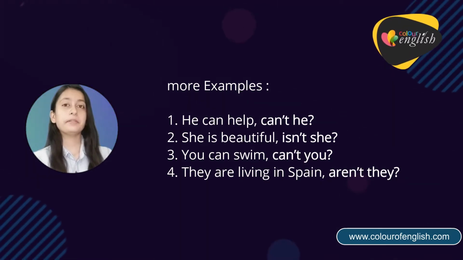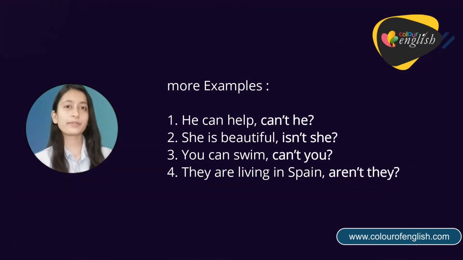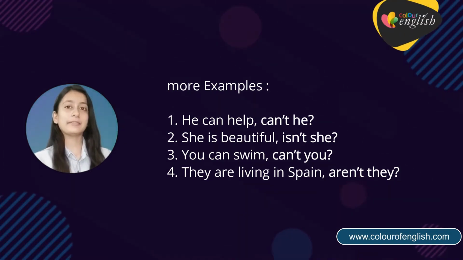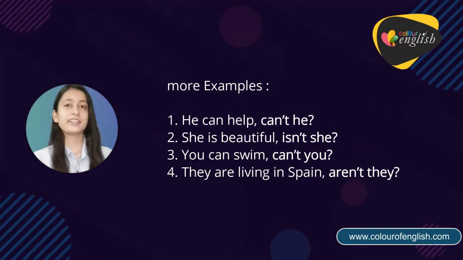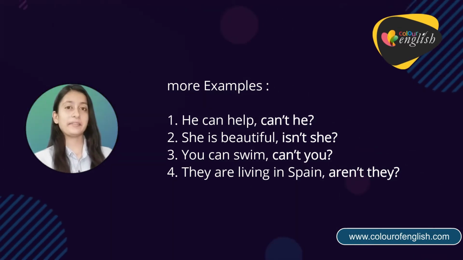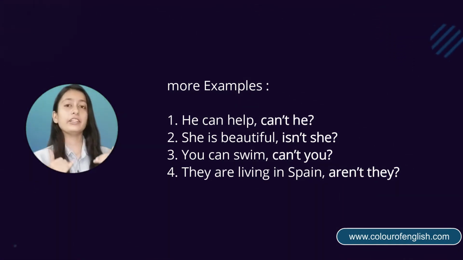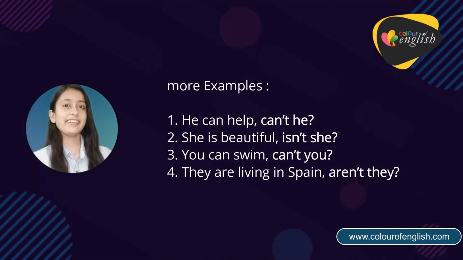In the next example, you can swim, can't you? This is used to confirm or to ask something. They are living in Spain, aren't they? In this case, it is used to confirm the statement that they are living in Spain, aren't they?